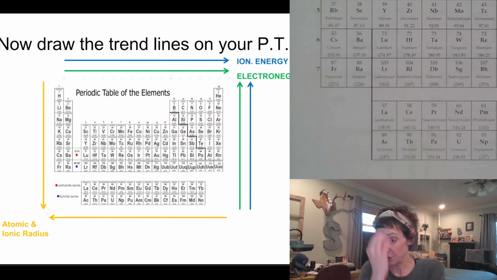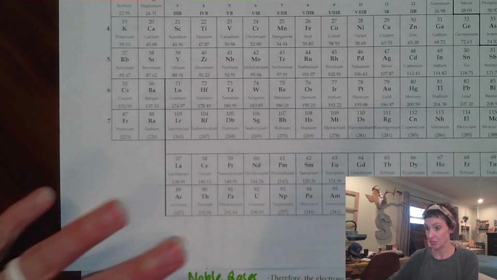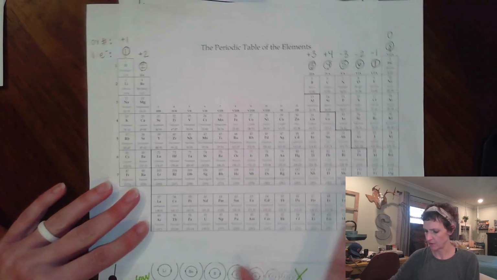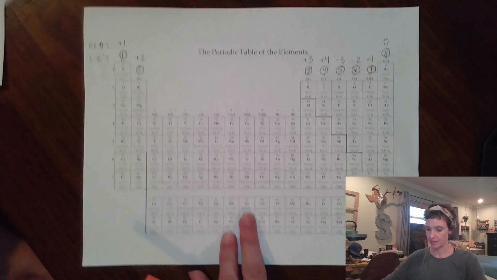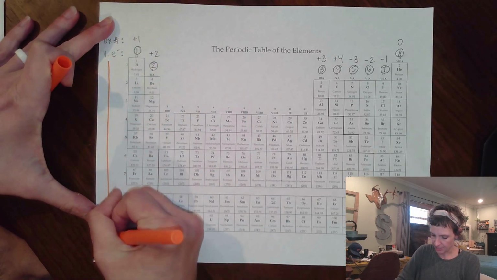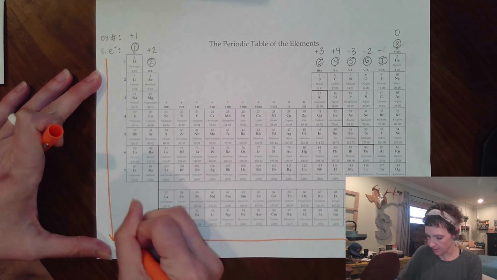Okay, now I know we got a lot of stuff going on the periodic table that we colored together this unit so far, but if you would like, you can totally add these trend lines to your periodic table, just as a recap, right? So my atomic and ionic radius, they show the same trend. So I'm actually going to use my same colors that I used to draw in my notes.